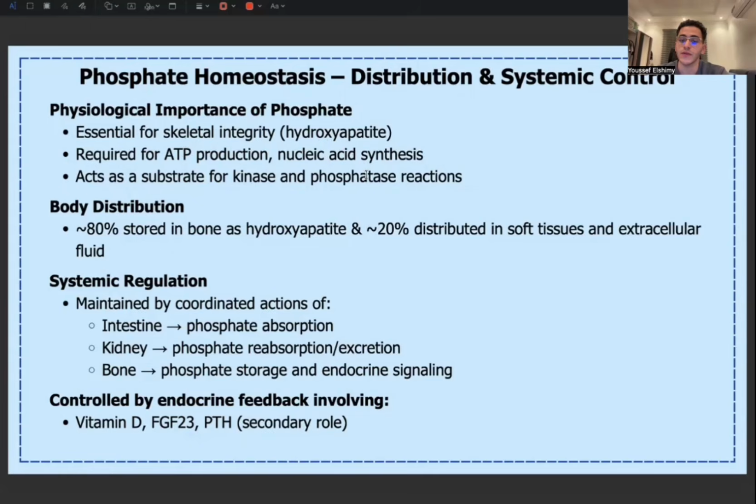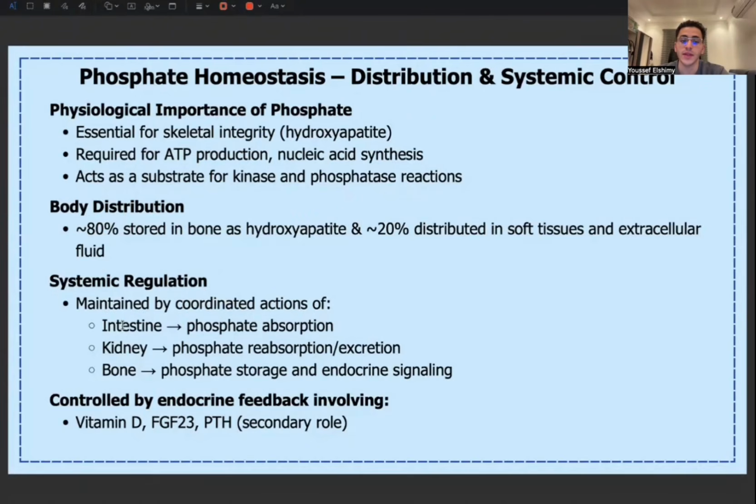kinase and phosphatase reactions. Moving on to body distribution, we mentioned that mostly it is stored in bone as hydroxyapatite, and 20% of the phosphate is distributed in soft tissues and extracellular fluid. So, how can we maintain phosphate? Phosphate can be maintained by different organs.